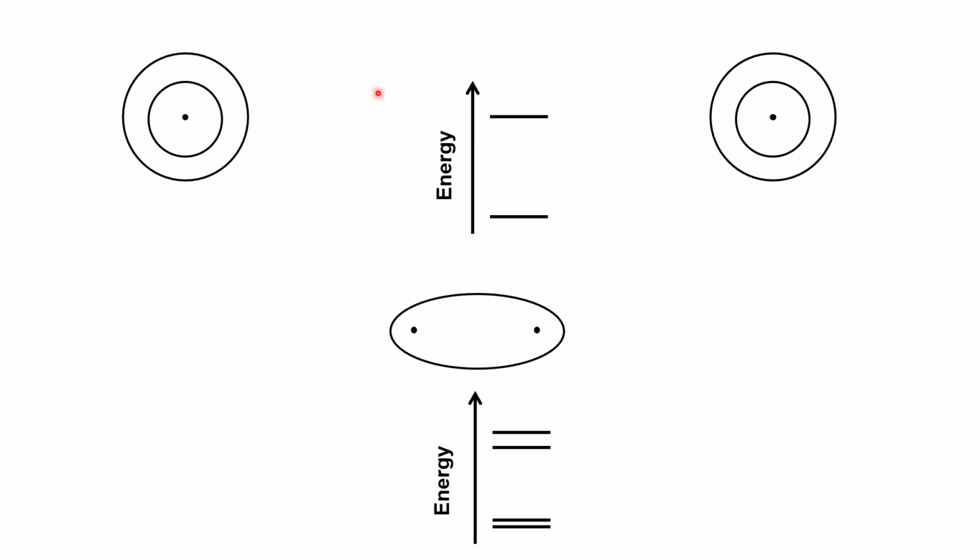Now when we let the atoms interact, when they are sufficiently close so that one atom affects the other, then the orbitals will be modified. For example, I'm representing here a possible orbital of the system formed by the two interacting atoms. This orbital does not look like any of the orbitals of the isolated atoms. It does not look like this orbital or this orbital.